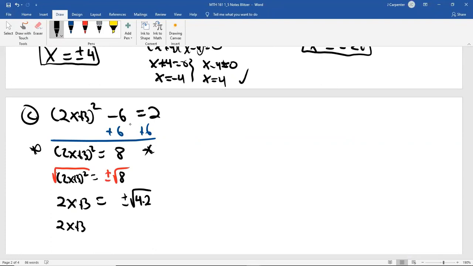So this is 2x plus 3 equals, now be very careful. First of all, notice I'm leaving a little space in front of the plus or minus. That's a good habit to have. If you don't, you might make a mistake. The square root of this 4 is 2.